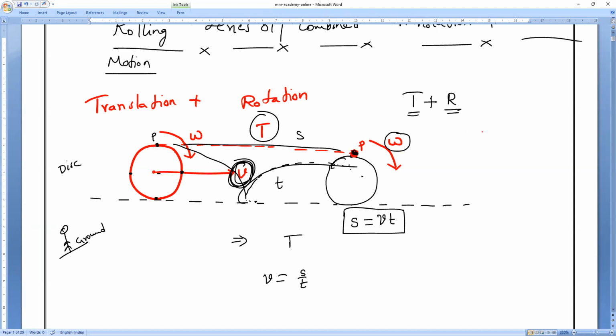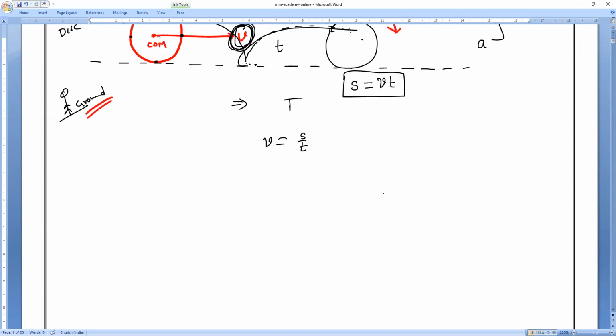In this rolling motion, we will first learn how to calculate the distance with respect to the ground, which is very important, and with respect to COM, the center of mass. Next, we will calculate velocity, and then acceleration. This is what today's class is about. I will try to finish it, so kindly focus. Let us start with the first one now.